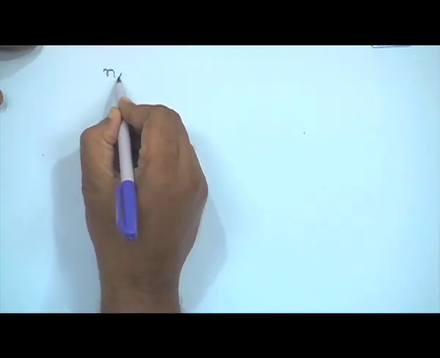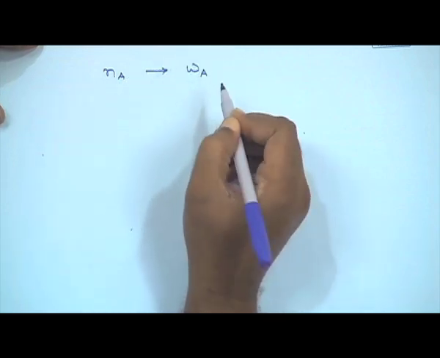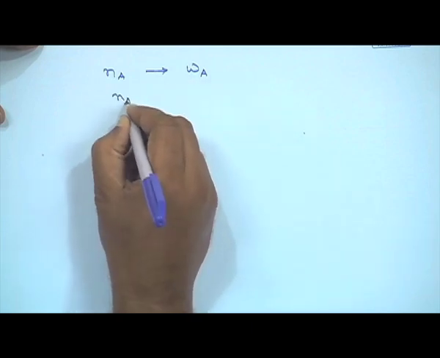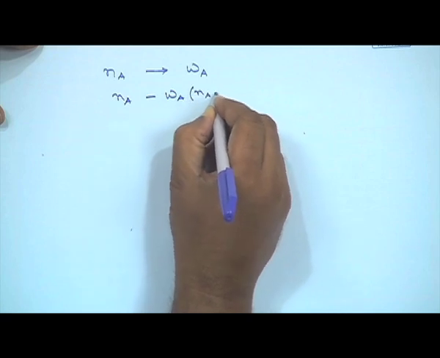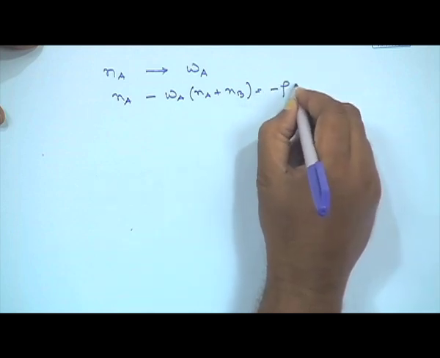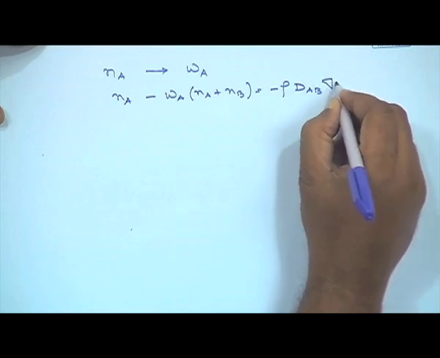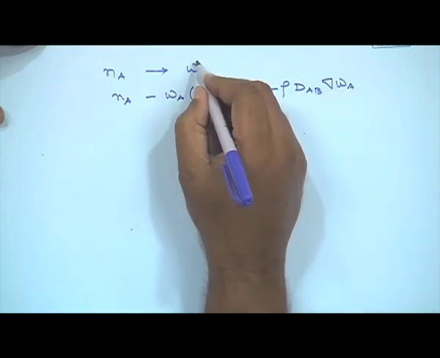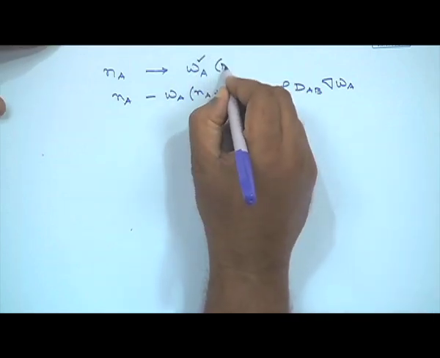So, if we write Na in terms of the mass fraction Wa, then the Fick's law would be Wa times Na plus Nb is equal to minus rho dAb times del of omega A. So, this is again mass fraction.